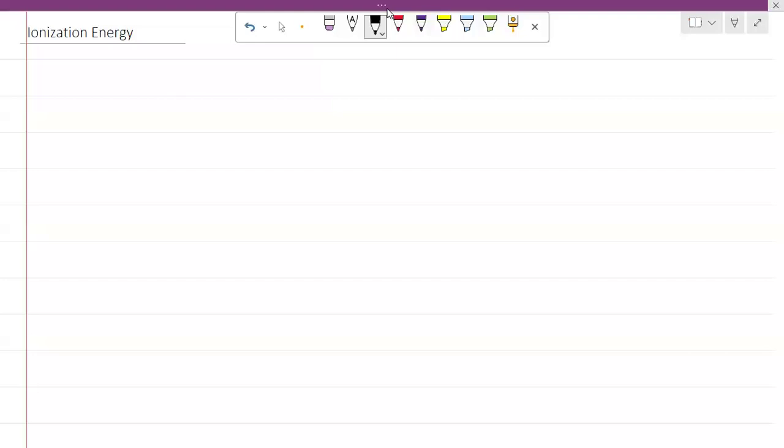Okay, so let's start. Ionization energy, very easy. Let's write the definition first.